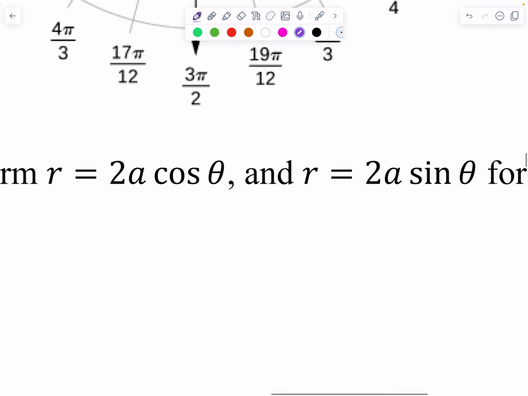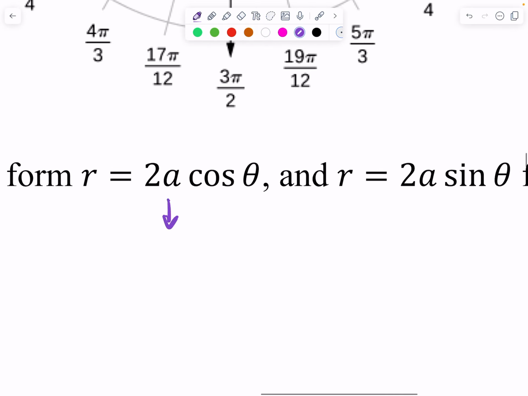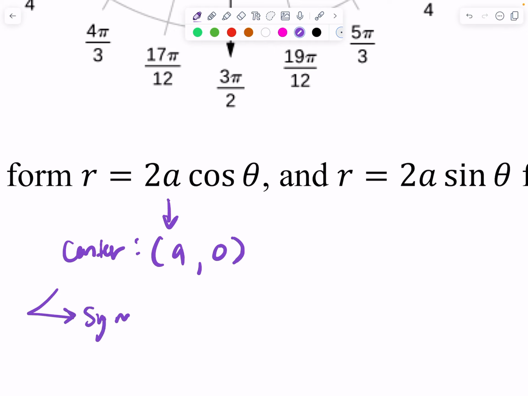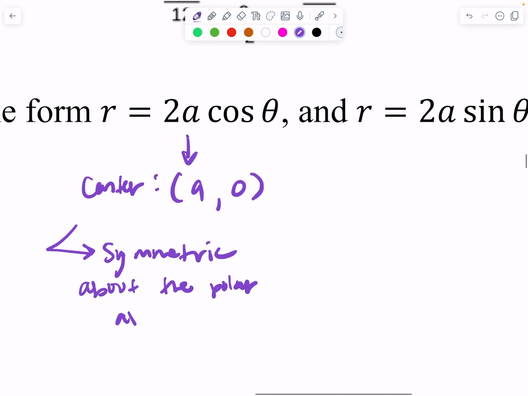So whenever the equation is cosine, the center of the circle would be at a comma 0, and the circle would be symmetric about the polar axis.